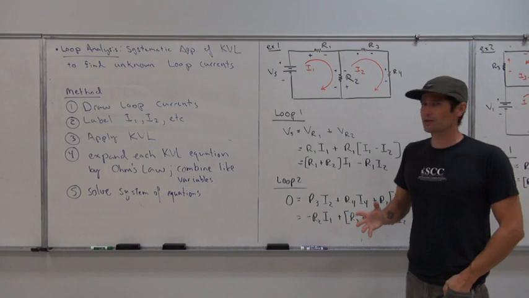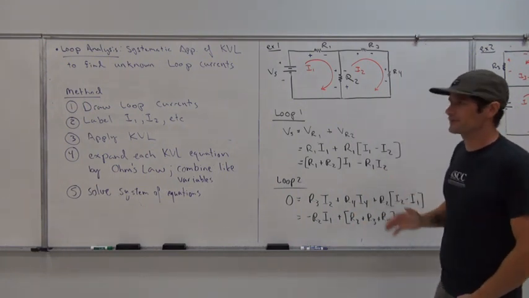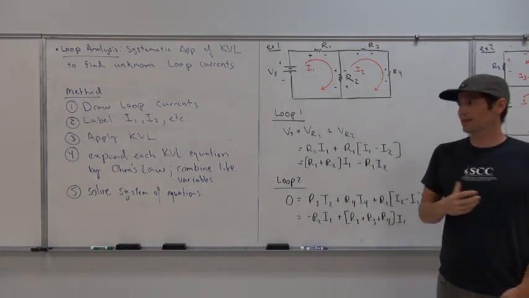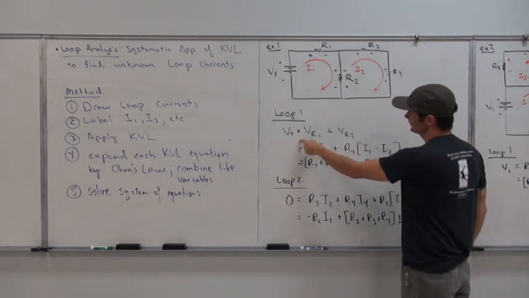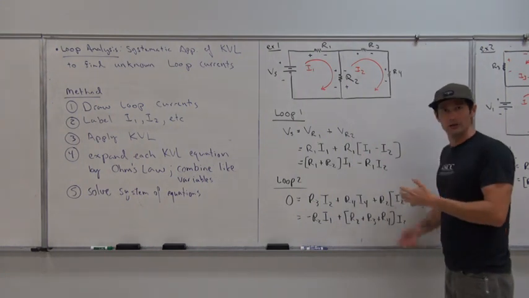Now everything in this lecture is symbolic. We'll get into more examples during class time. So with loop 1, Vs is equal to VR1 plus VR2.